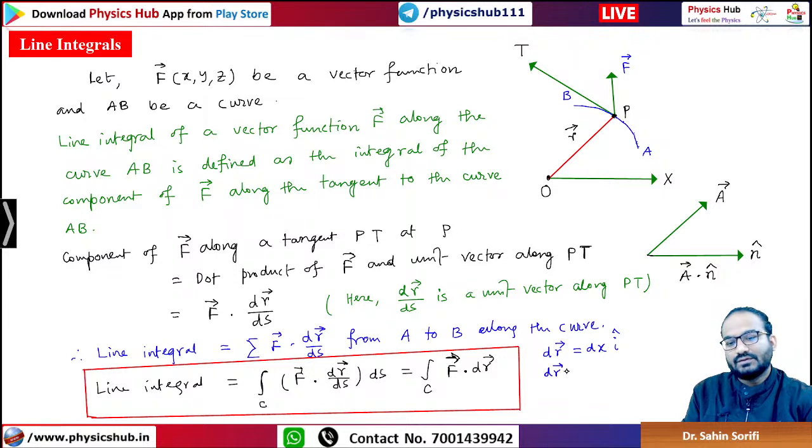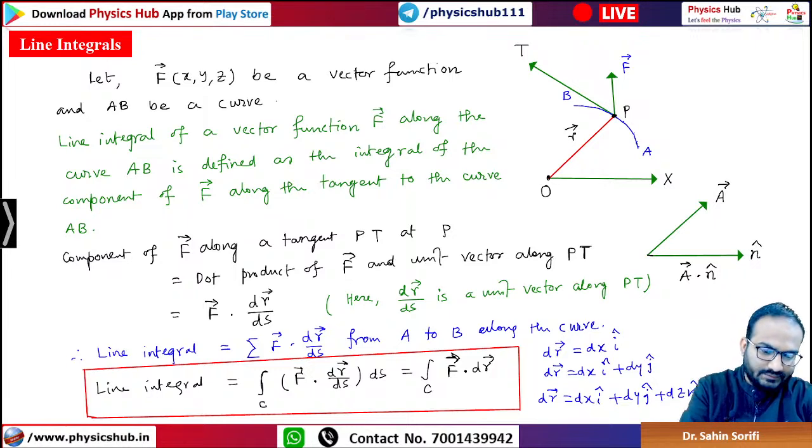In two dimensions, dx i cap plus dy j cap. If you are given a three-dimensional case, dx i cap plus dy j cap plus dz k cap. In this way we can write it.